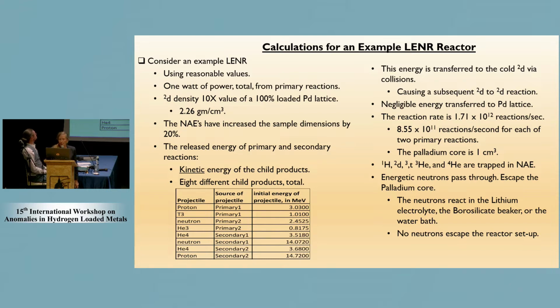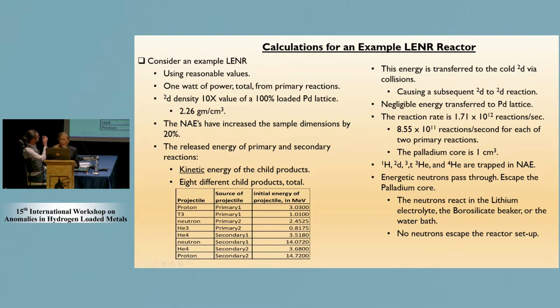The released energy of both the primary and secondary reactions is the kinetic energy of the child products. This energy is transferred to the cold D2 via collisions, allowing a subsequent D2 to D2 reaction to occur. Negligible energy is transferred to the palladium lattice.